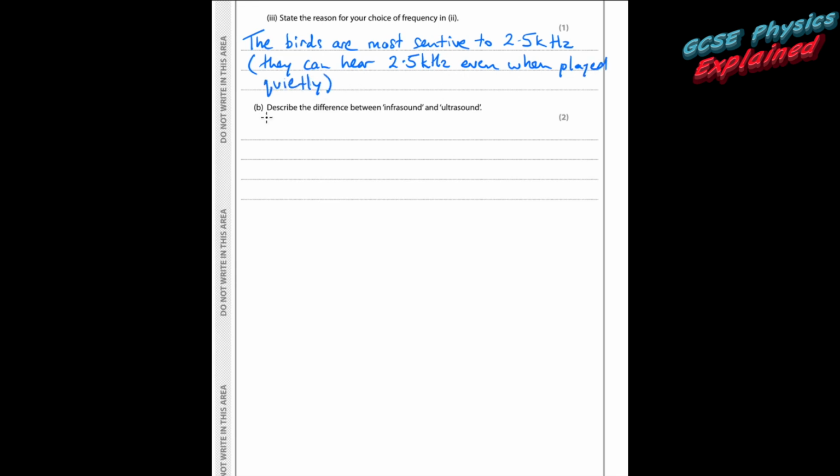Part B. Describe the difference between infrasound and ultrasound. Right. Human audible hearing range. Humans can hear between 20 Hertz and 20,000 Hertz. Anything below 20 Hertz we call infrasound.